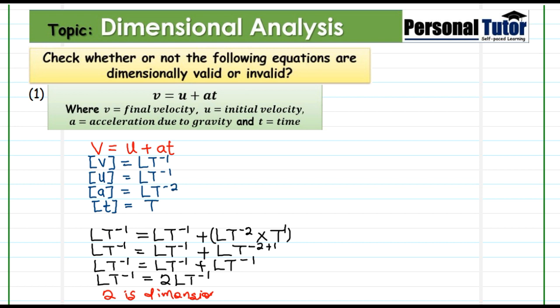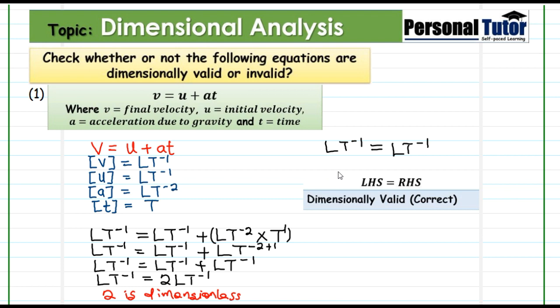Simply, it has to be ignored in this equation. And when that is done, we'll be left with LT minus 1 on the left hand side, and it's equal to LT minus 1 on the right hand side.